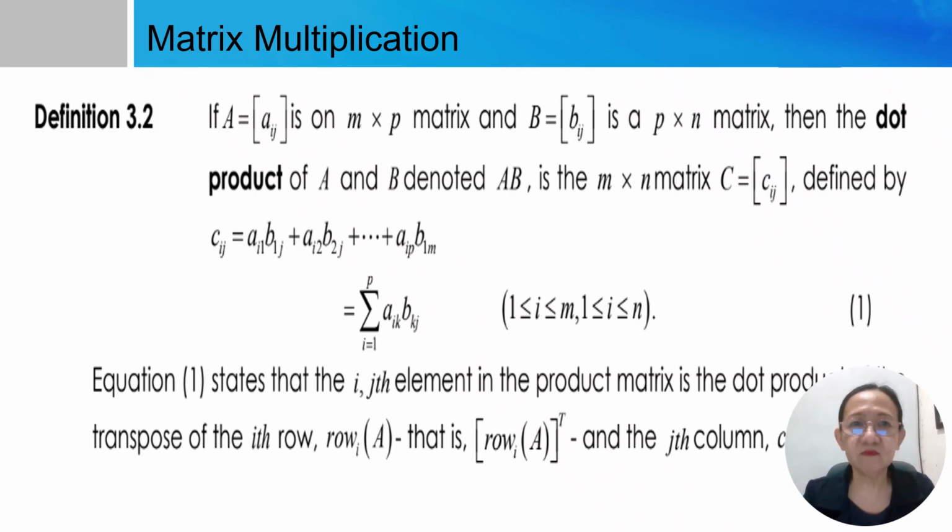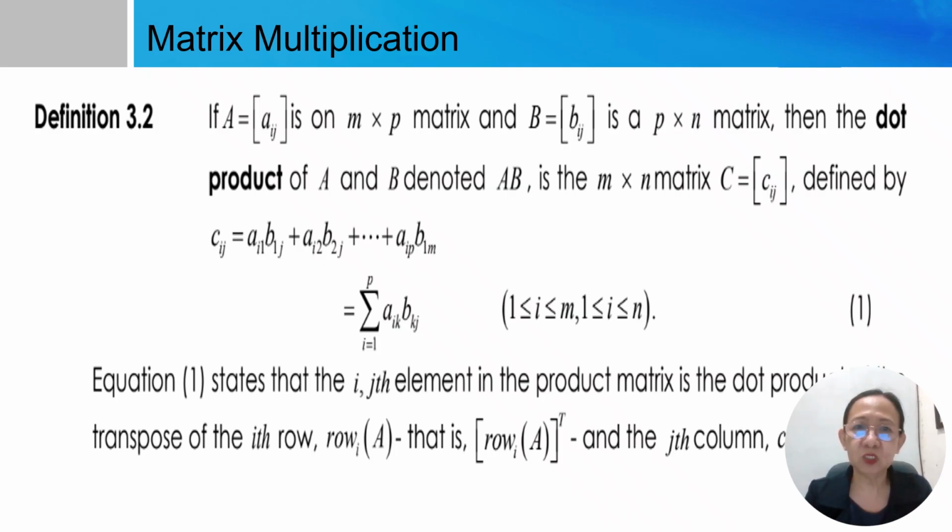Now, let us have matrix multiplication. For the definition, if matrix A is an M by P matrix and matrix B is a P by N matrix, then the product of A and B, denoted by AB, is the M by N matrix C, defined by getting the product of their entries and then the sum.